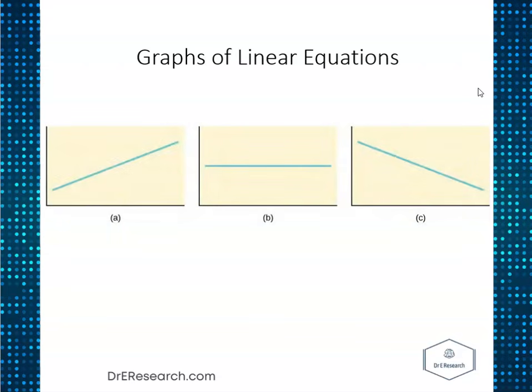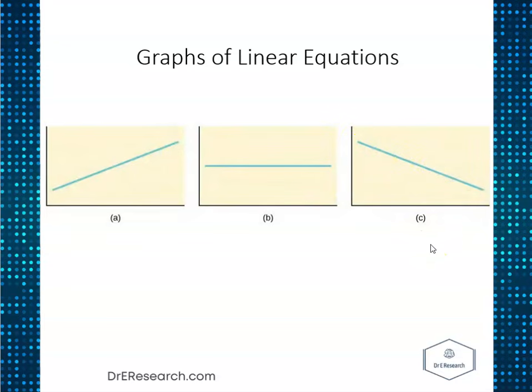When you graph a linear equation or a line, there are really several things that can happen. One is they can slope upward from left to right, like the first one. It might be flat straight across, and it might slope downwards from left to right.